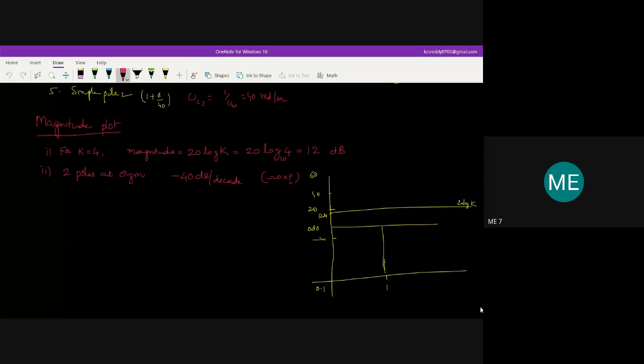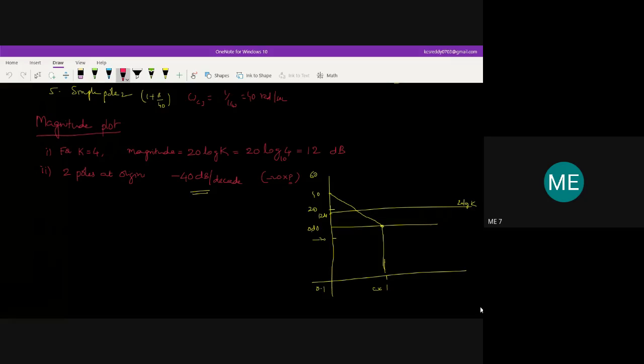You need to draw this minus 40 dB line, which starts from 40 and stops at this point, the intersection point at omega equal to 1 and the 0 dB line.